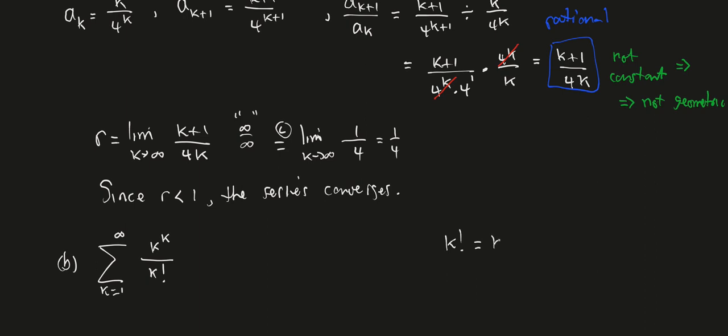You take whatever that integer is, and then you multiply all the previous integers, meaning k minus 1, k minus 2, all the way down to 2 times 1. It's just this big product. So, for example, if you wanted to compute 5 factorial, it would be 5 times 4 times 3 times 2 times 1, and that's going to give you 120.